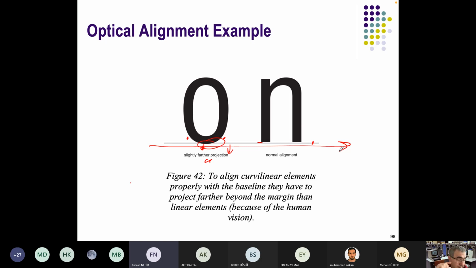So what matters is not that they are on the same line in reality. It is how you perceive it. If you perceive them to be on the same line, they are on the same line. If you don't perceive them on the same line, even if they are, they are not, because it doesn't matter where they are in reality. It matters what you see.